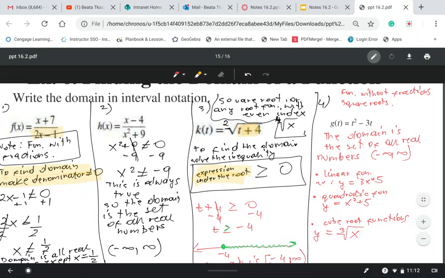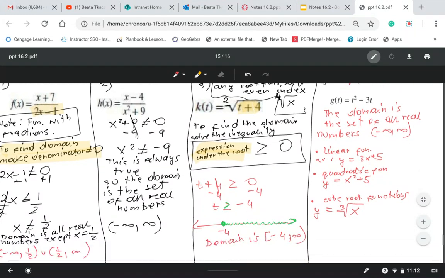The domain is also the set of all real numbers, because when you have a root with odd index, you can have under that root positive and negative. So cube root functions and root functions with odd index, for example y equals the fifth root of x.